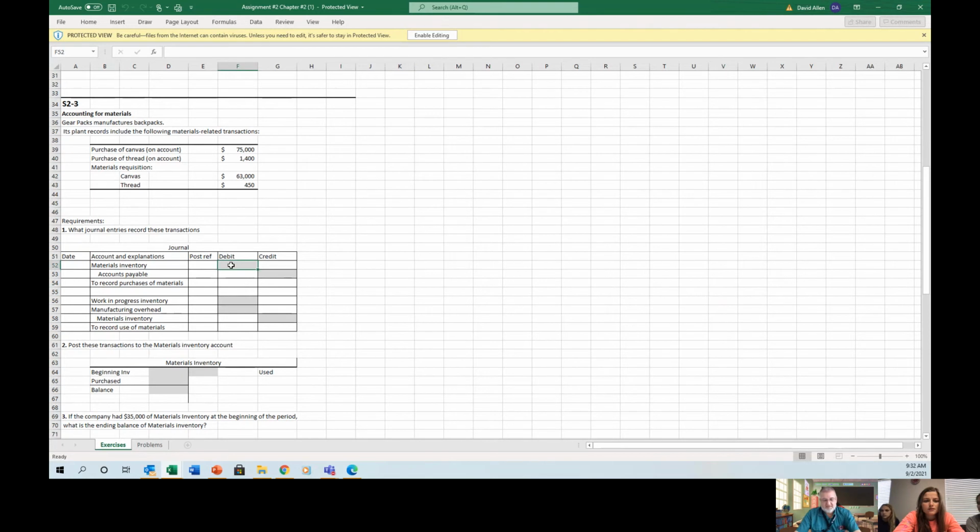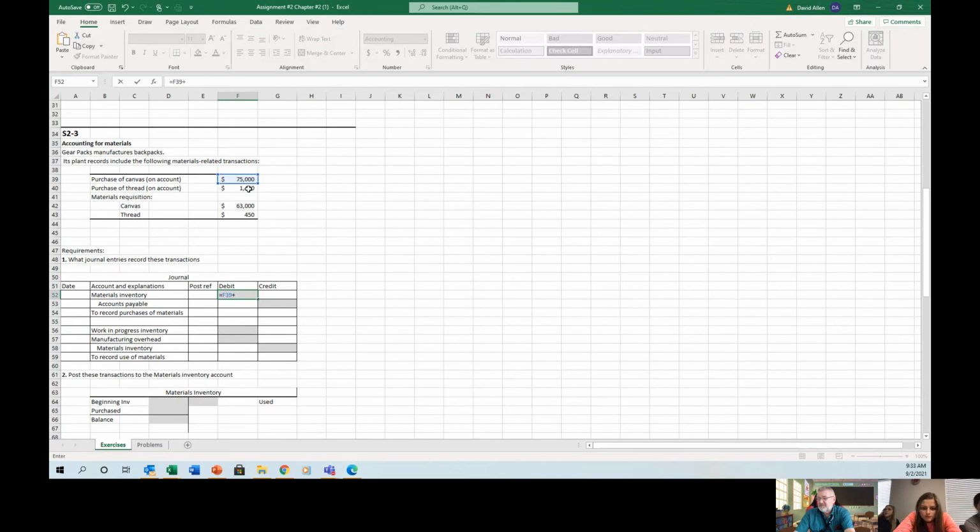Okay, so this is going to be this plus this, right? Yes. Okay. So what do you think is going to go out here in the accounts payable part? The same number?